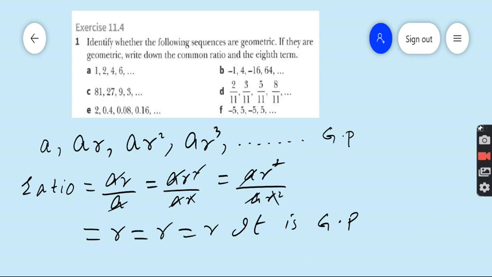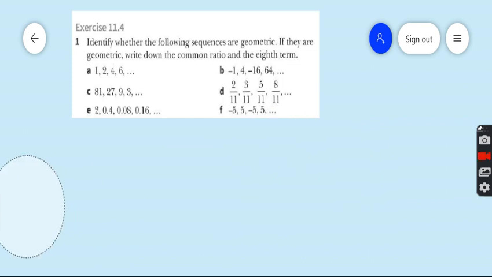So with the help of this concept we can easily do question number 1. Question number 1 is identify whether the following sequences are geometric or not. If they are geometric, write down the common ratio and 8th term. Very easy.